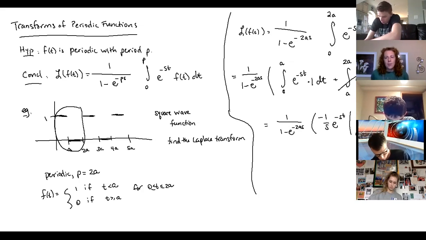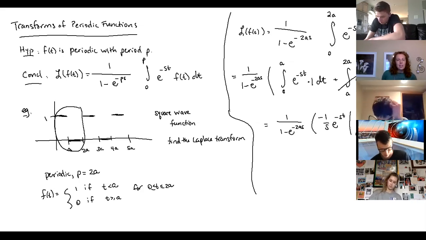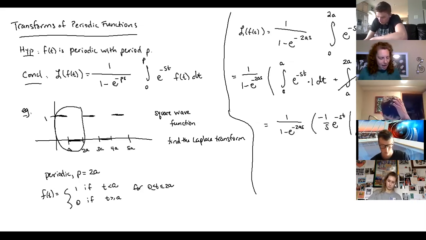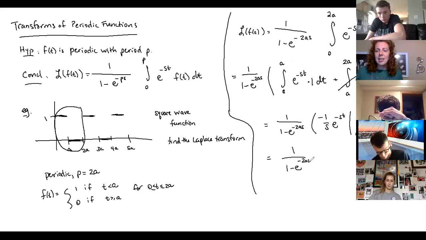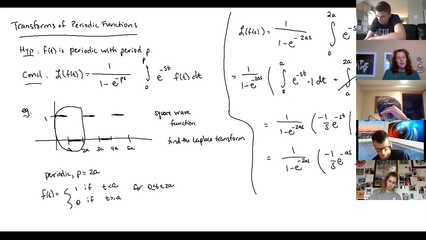So negative 1 over s, e to the negative st, evaluated from 0 to a, plus that extra fraction out in front. And so this gives me 1 over 1 minus e to the negative 2as, negative 1 over s, e to the negative a times s, minus negative 1 over s, e to the 0. I plug in a, plug in 0, and subtract.